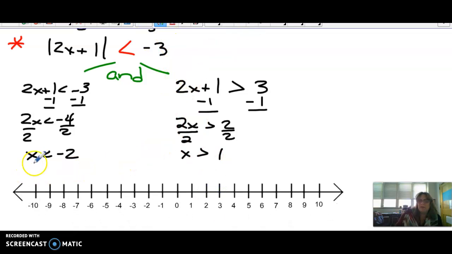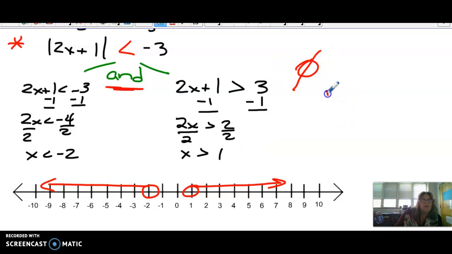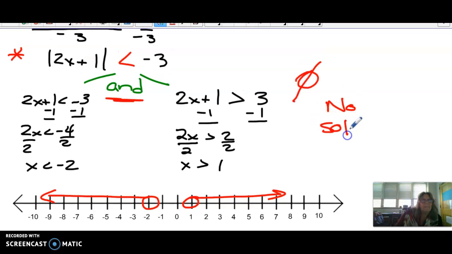We've got negative 2, less than, so that's going to point to the left. We've got positive 1, greater than, and that points to the right. And problems go between the two numbers. There is no number between negative 2 and 1 that is included. So this one is an empty set, or no solution. Okay, so those are two special cases: when it's all real numbers or when it's no solution.